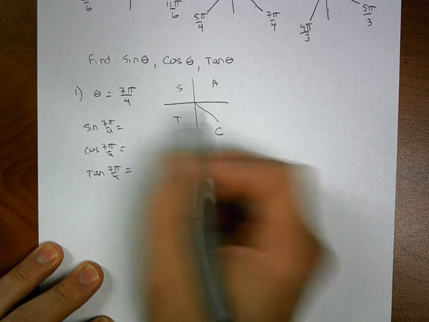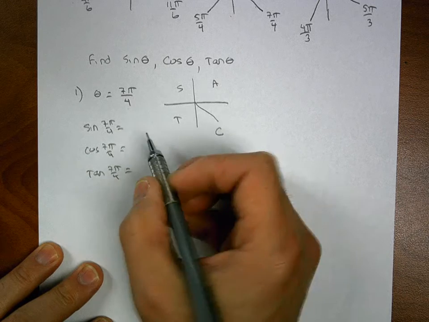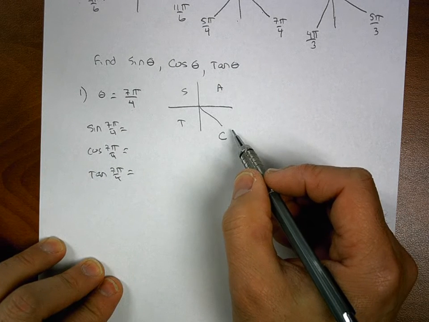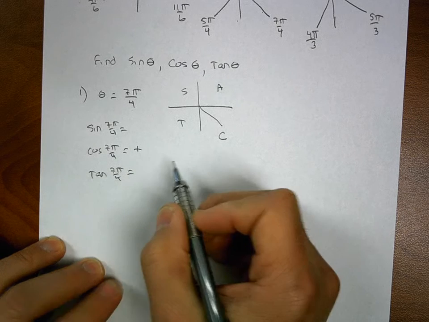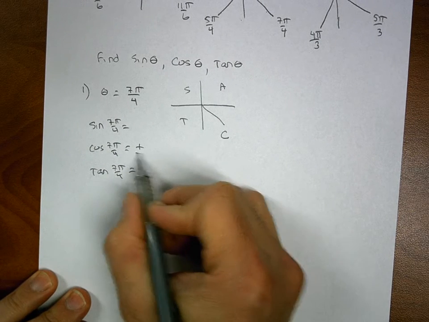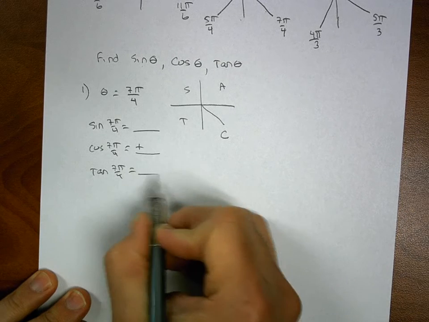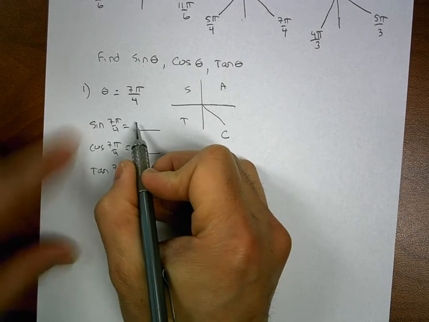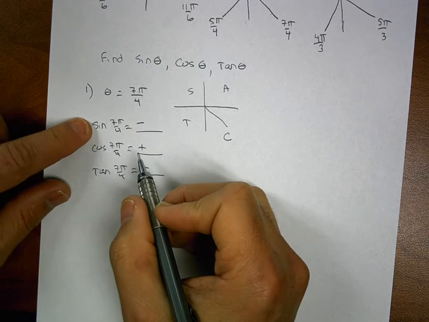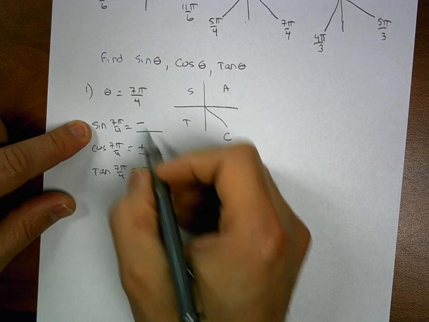Okay, so 7 pi over 4, well, it's 45. Which one of these three in the fourth quadrant is positive? Cosine. Remember there's two parts to the answer. It's whether it's positive or negative, and then what its value is. So that means sine is negative and tangent's negative, right? Sine of 45, 1 over root 2.